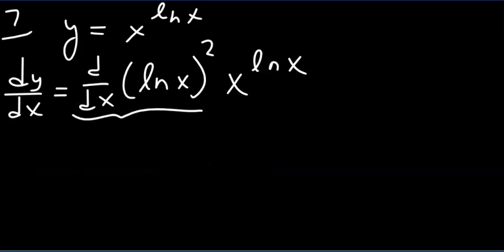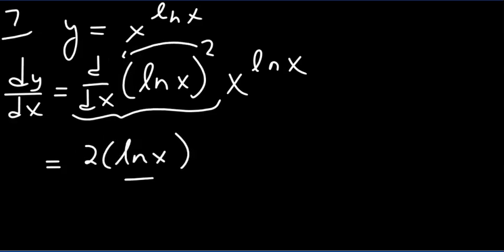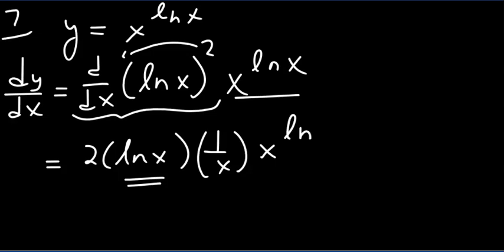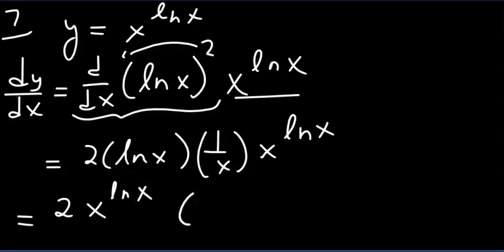Let's try to differentiate (ln x)². Now that is easy. The 2 goes in front, so it becomes 2 ln x, and now you differentiate ln x, which is 1 over x, times that, which is x^(ln x). And that's pretty much your answer. You can rearrange it: 2 times x raised to the power ln x times ln x over x. And that solves the problem.